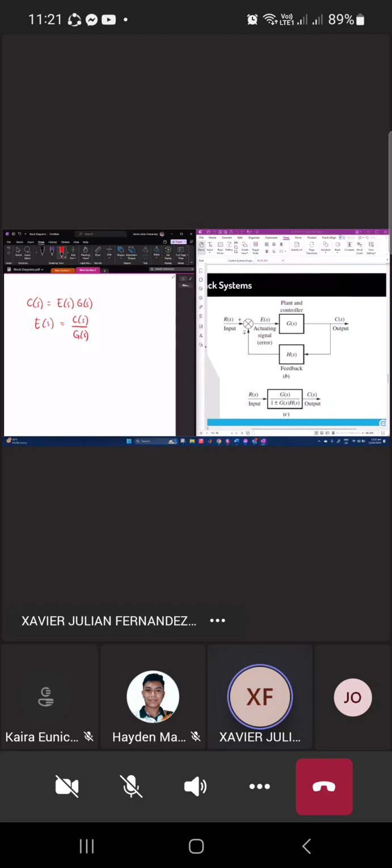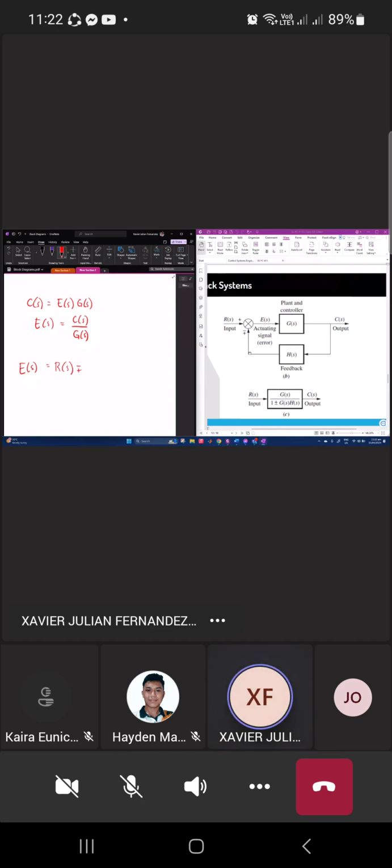Now, at the summing junction, the output signal E of S, that's equal to R of S minus plus the signal, and that signal is the output C of S times H of S. So this is C of S times H of S. Okay?